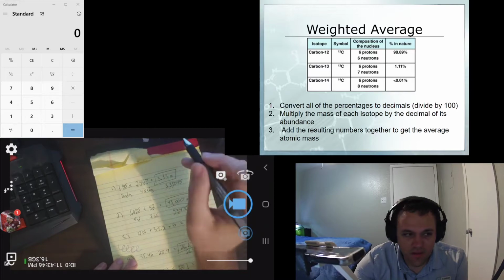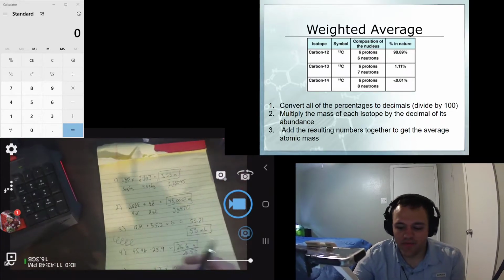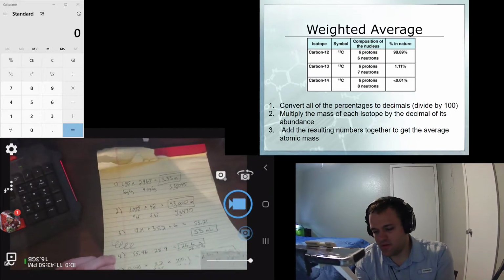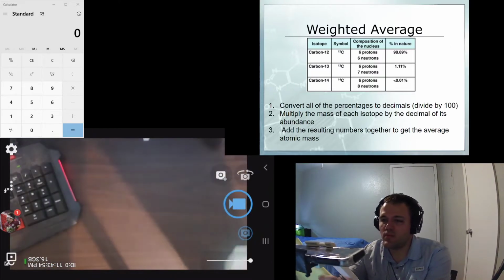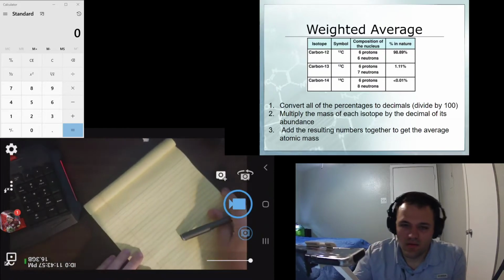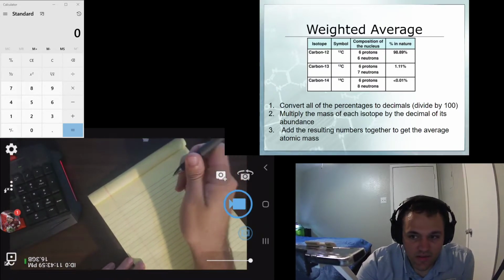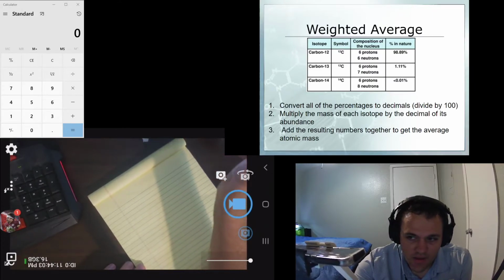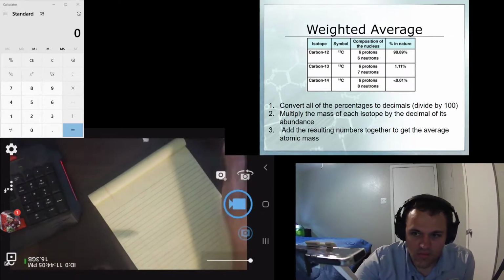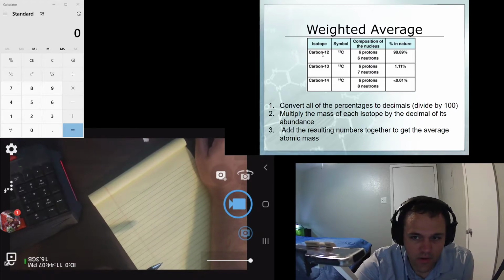All right, so there's 3 steps to calculating the weighted average of an element and its isotopes. For all these problems, you're going to be given the isotopes and the abundance. So here, if it's carbon 12, we know it has a total mass of 12, 6 protons and 6 neutrons.